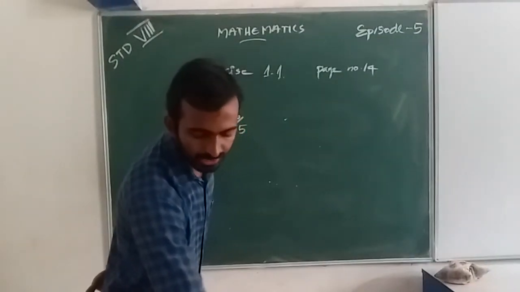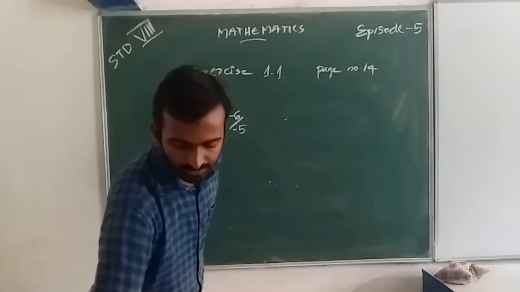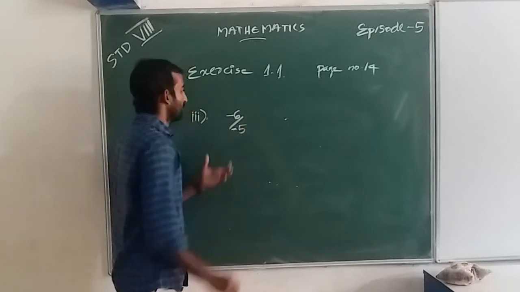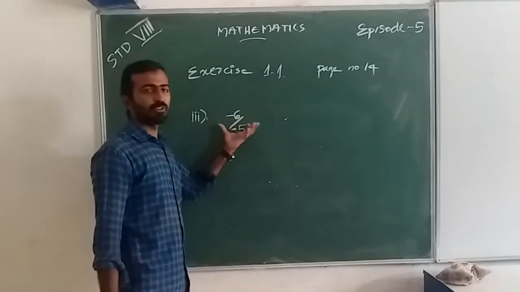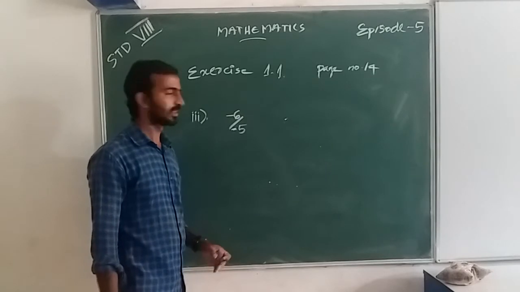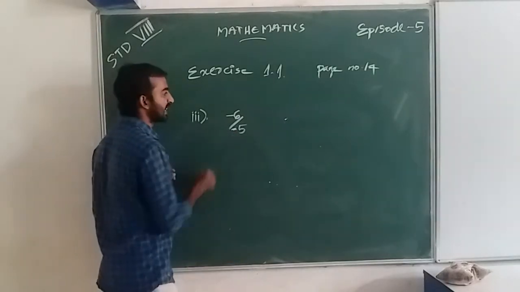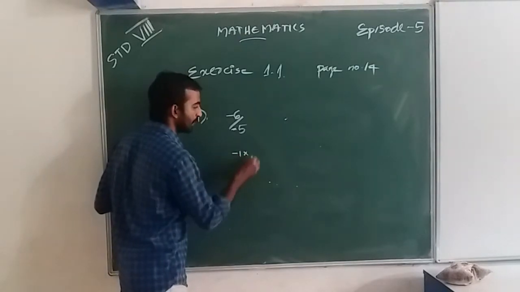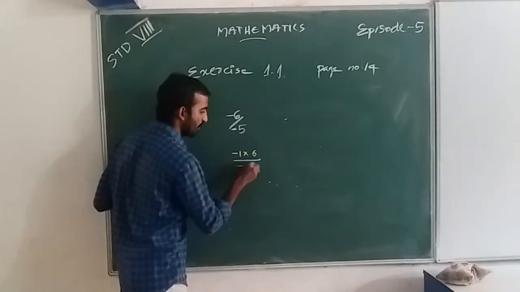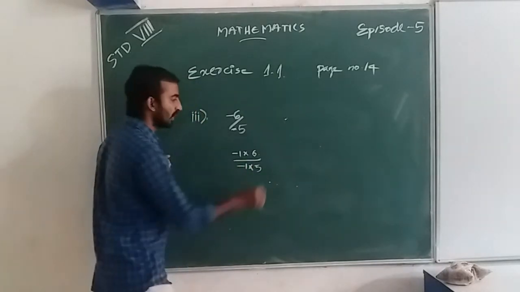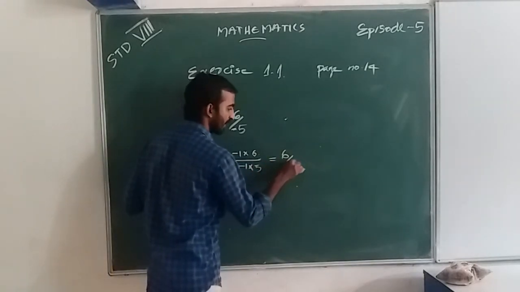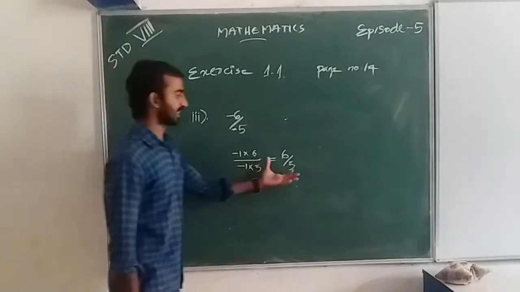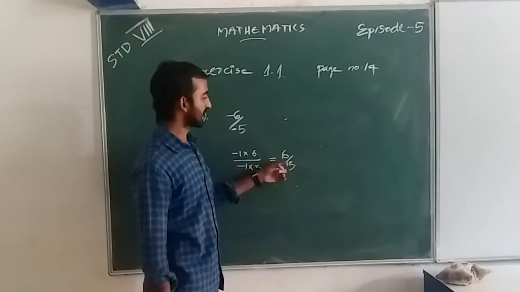We want to find the additive inverse of this fraction. Here negative 6 by negative 5, we can write as negative 1 into 6 and negative 1 into 5. So this fraction is 6 by 5. Then what is the additive inverse of 6 by 5?